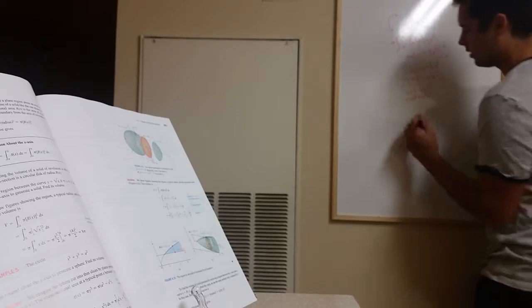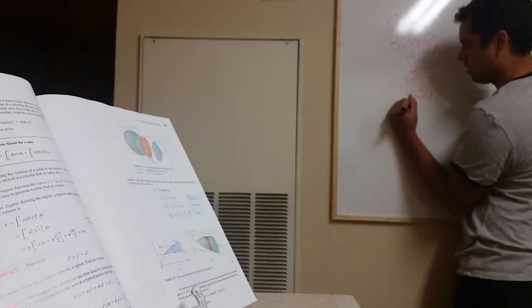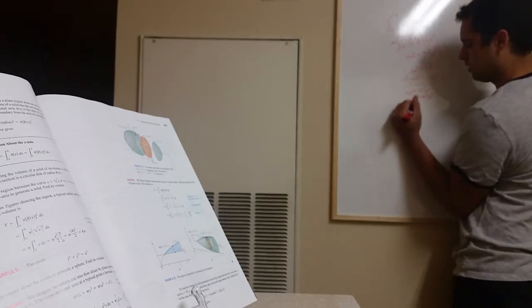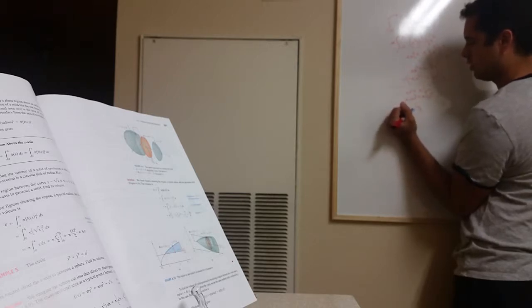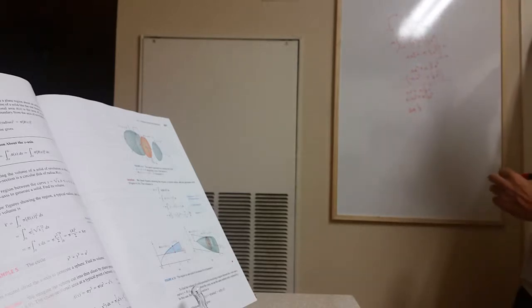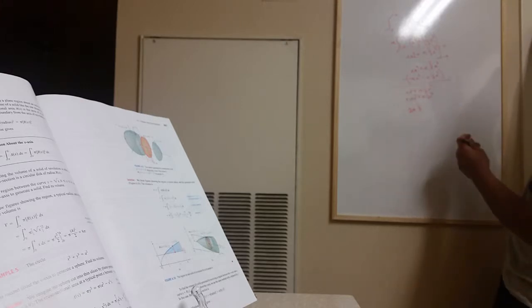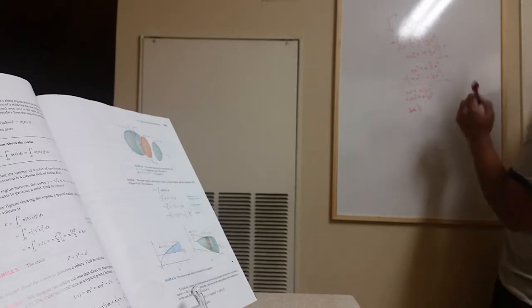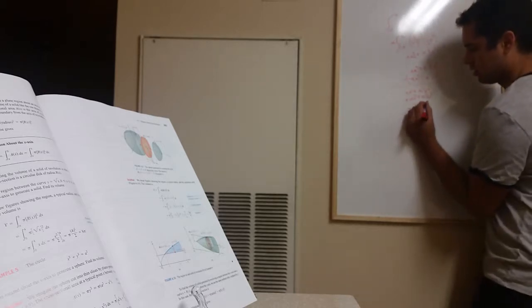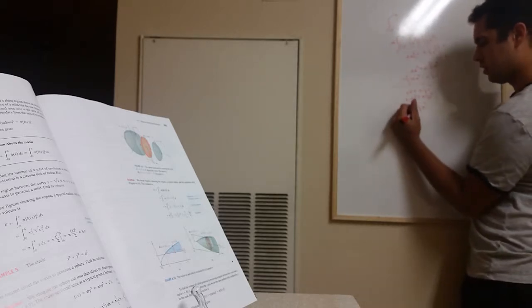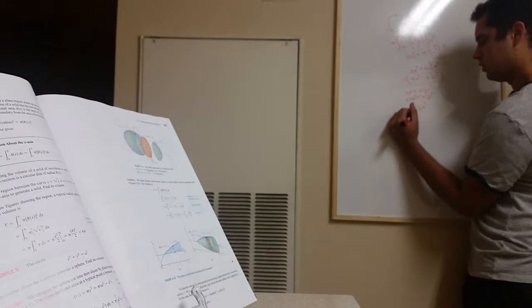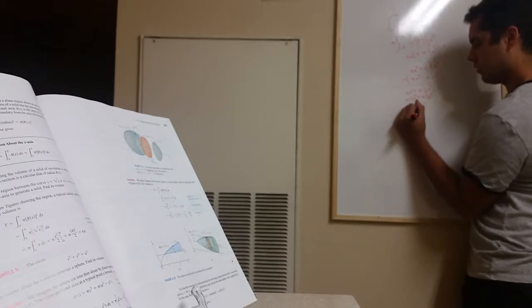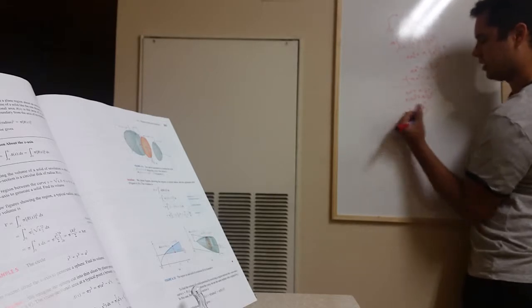So I'll add those together and get 2 pi 1/3. Can I just add those together? 2 pi 1/3 a to the 3 over 2 pi 1/3 a to the 3.